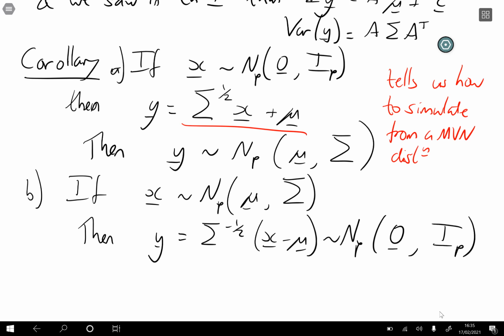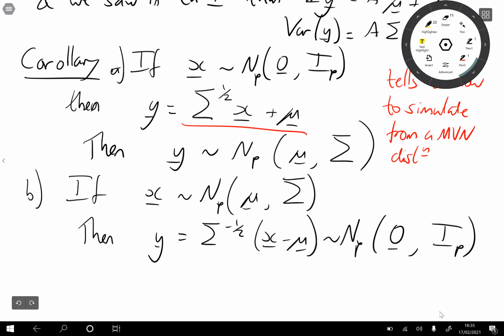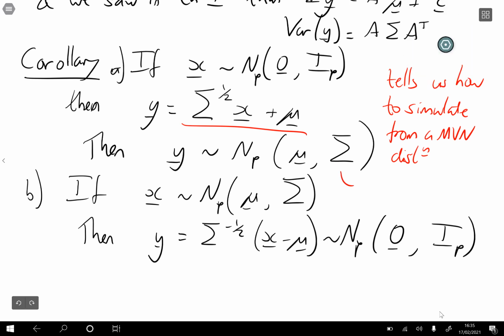Here we're assuming sigma is full rank so that this inverse exists.